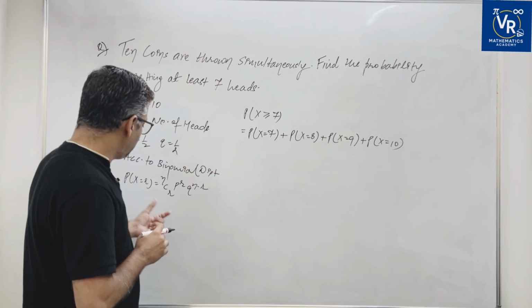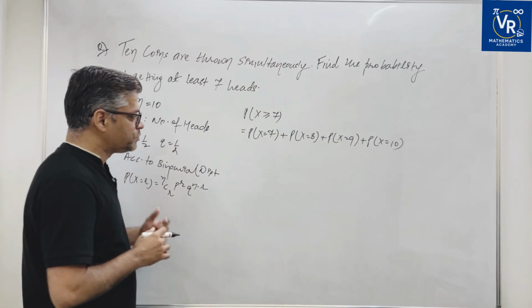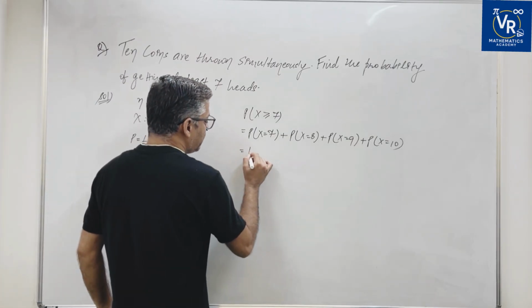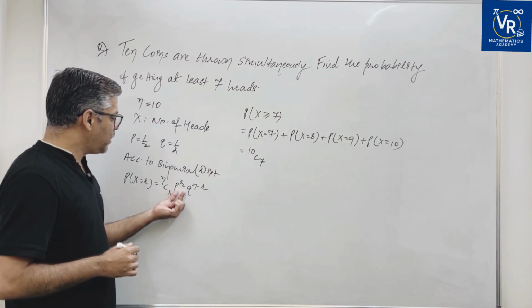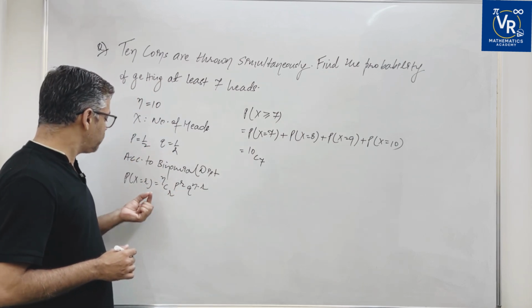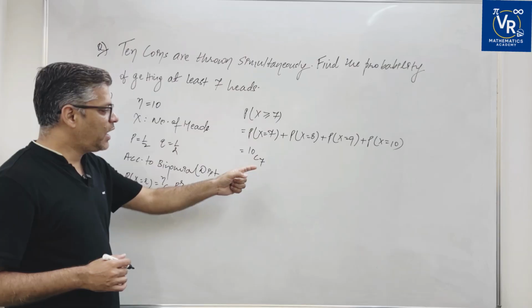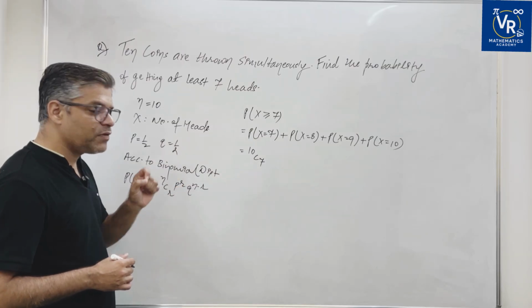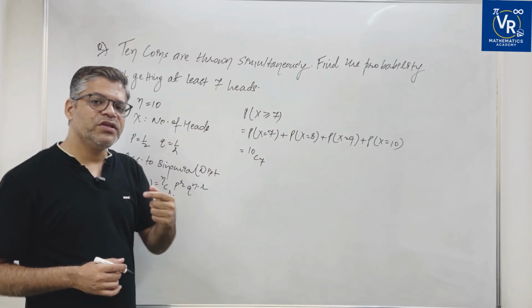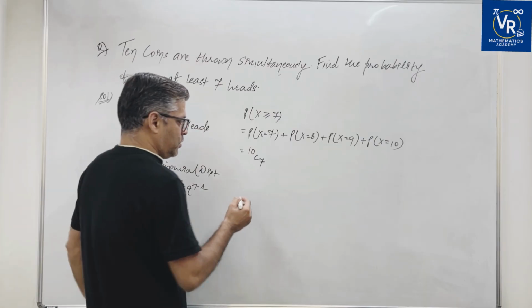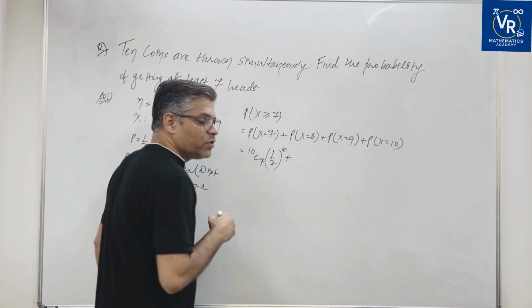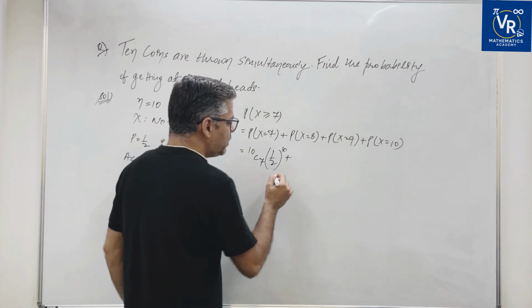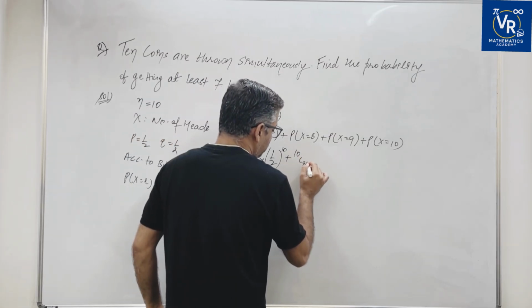Now we will apply the binomial distribution formula. So this can be written as 10C7 times p to the power r, that is 1 by 2 raised to the power 7, and q raised to the power n minus r, that is 1 by 2 raised to the power 10 minus 7. So in total, it is equal to 1 by 2 raised to the power 10. Similarly, here we will write 10C8.